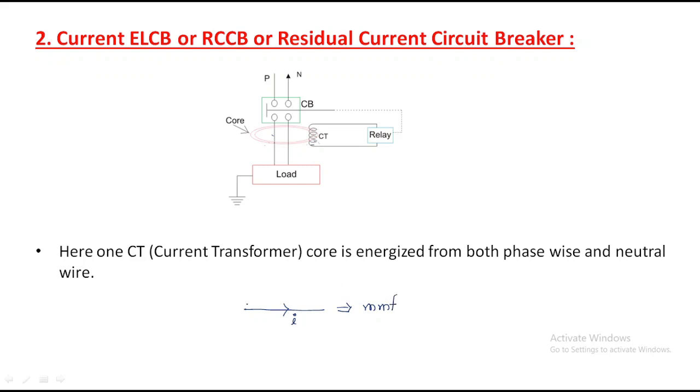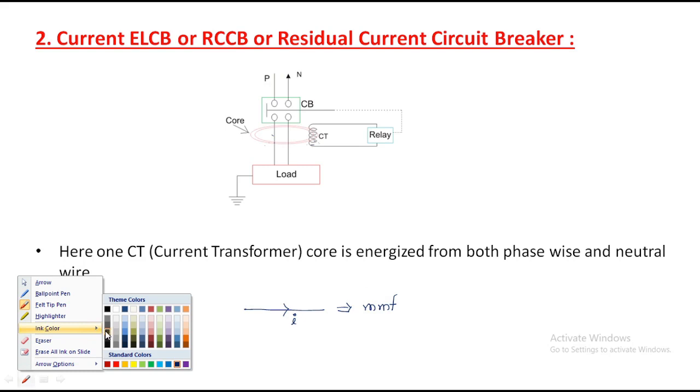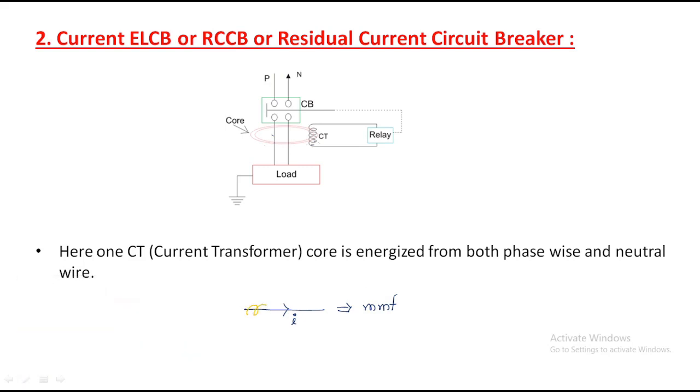That means when a current flows through a wire, automatically a winding is formed and a magnetic field is formed. Whenever there is a magnetic field, a magnetomotive force is induced, that is called MMF.